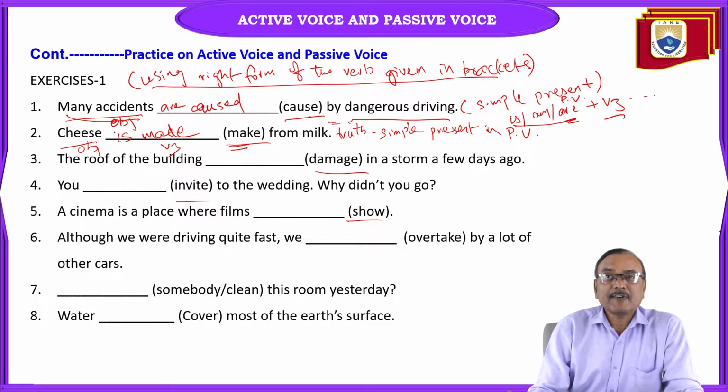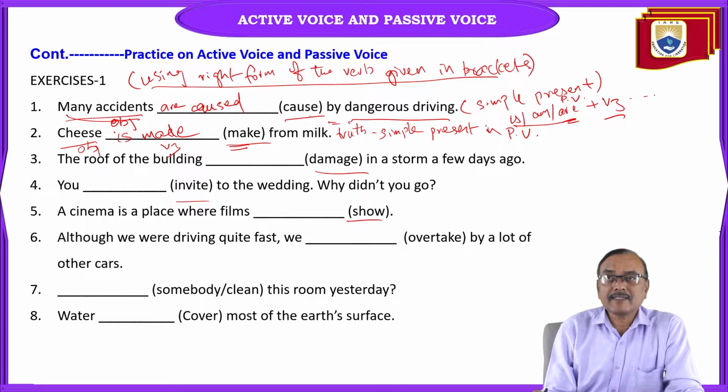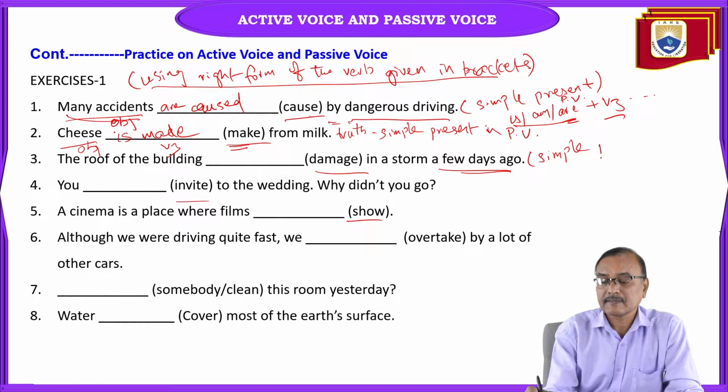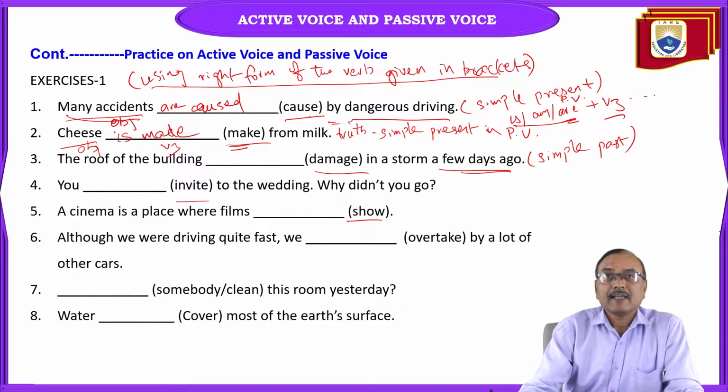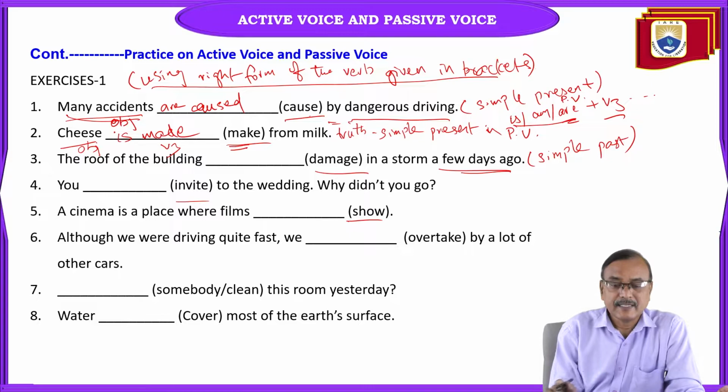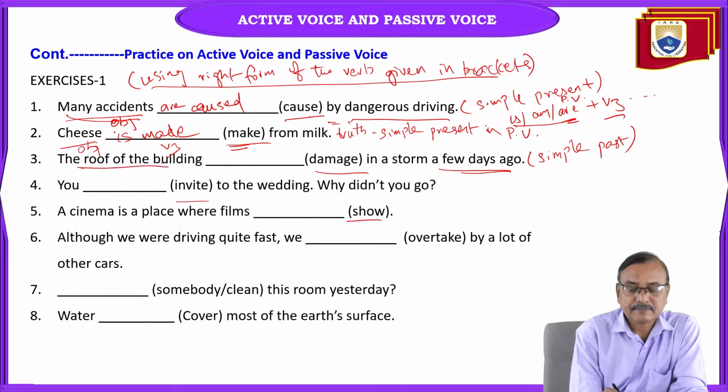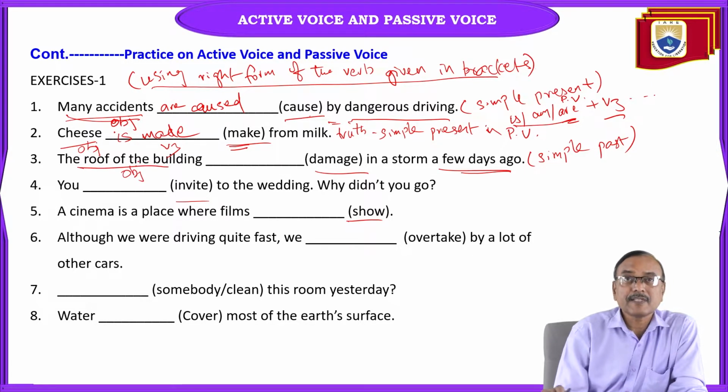Next, the roof of the building dash damage in a storm a few days ago. A few days ago means simple past. When it is simple past, does the sentence begin with the subject, it damaged, or it was damaged? Roof of the building, subject or object here? This is the object, because what was damaged here?